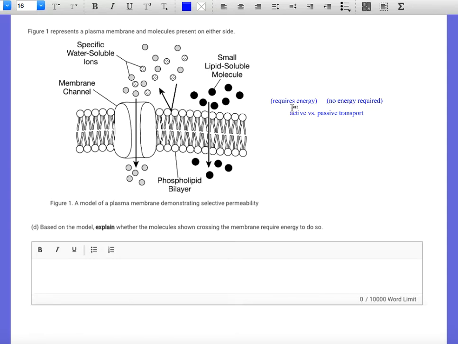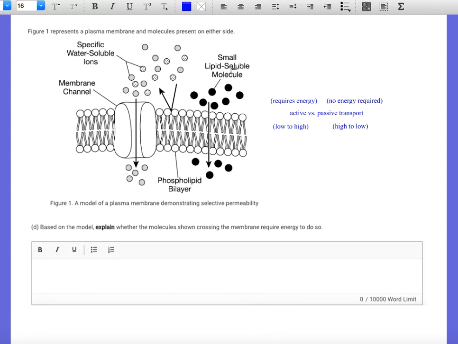So we have to look at the concentration gradients here. Active is, for example, low to high concentration, and passive transport is high to low. Let's look at the diagram and see which type of transport we're talking about. It looks like we are moving from an area of higher concentration to lower, so that's passive transport.